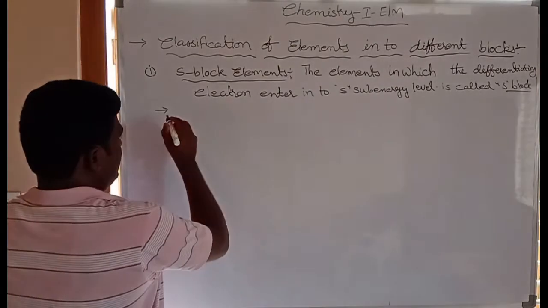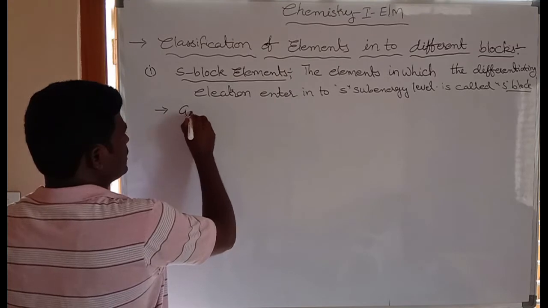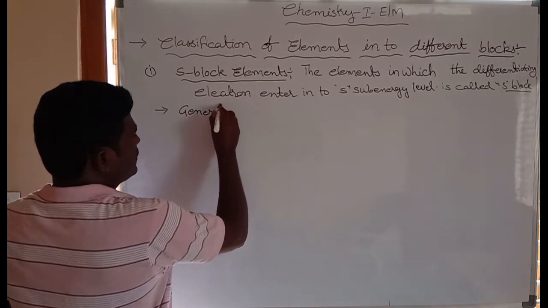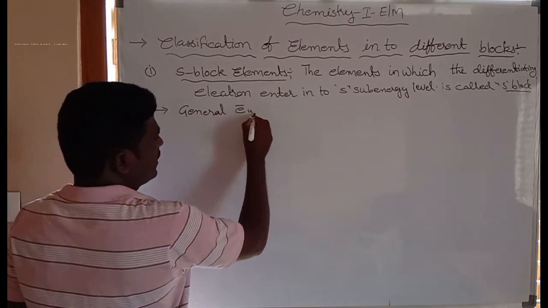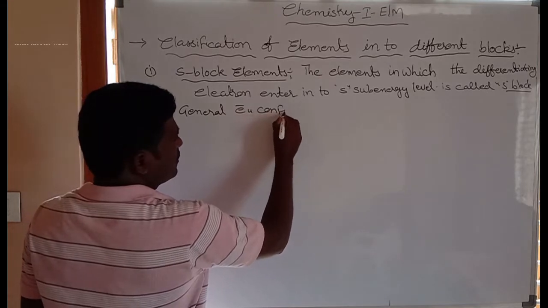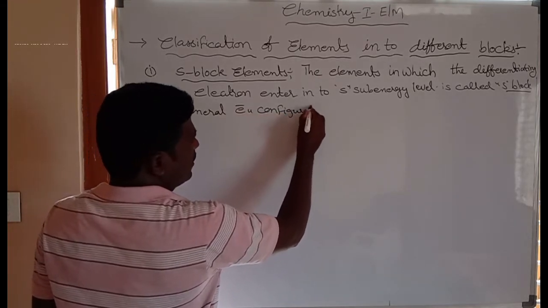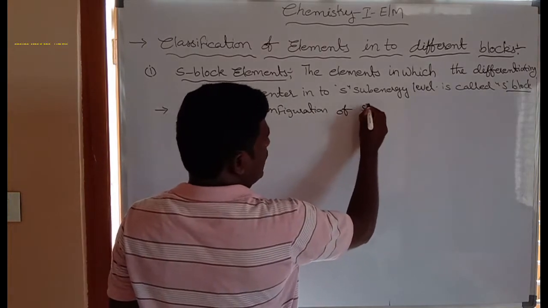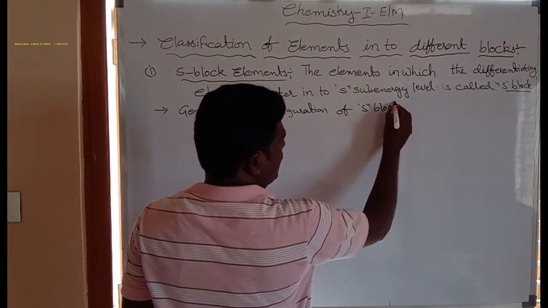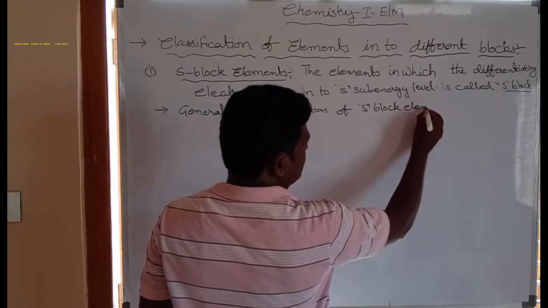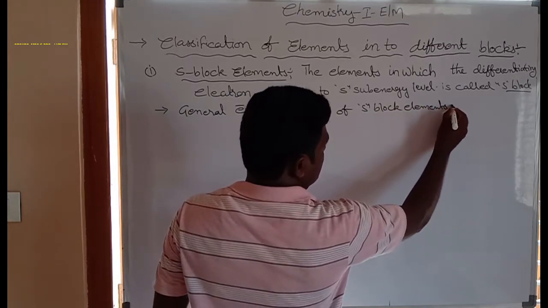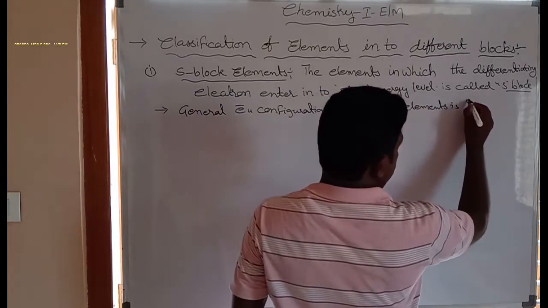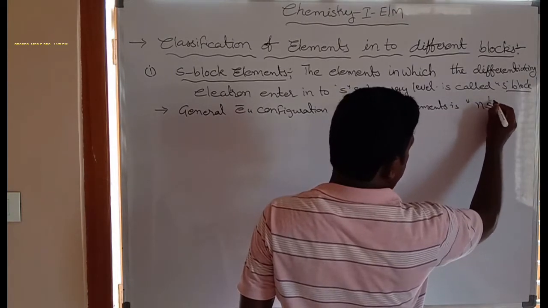The second point is the general electron configuration. The general electron configuration of S block elements is ns1 to 2.